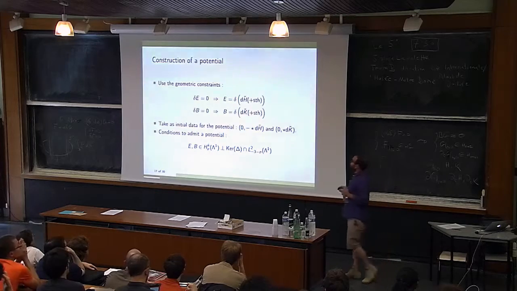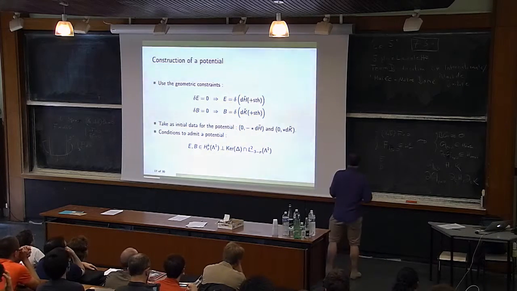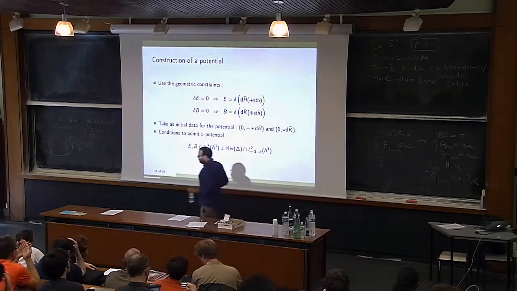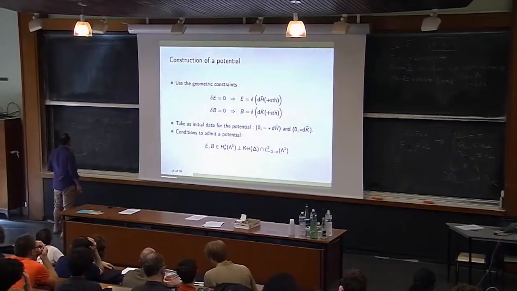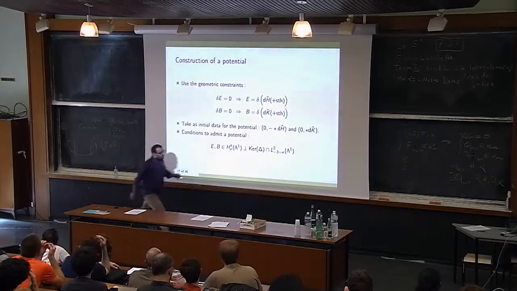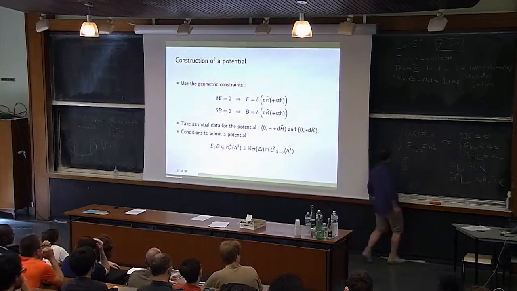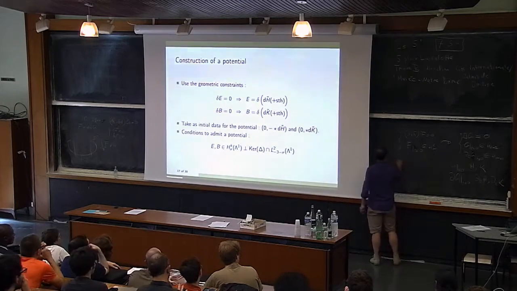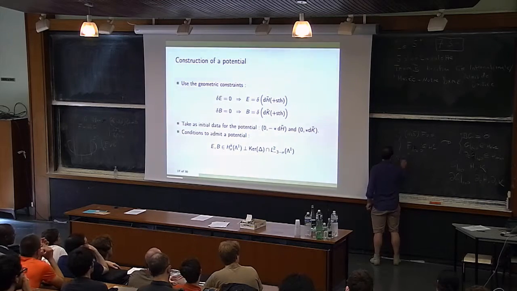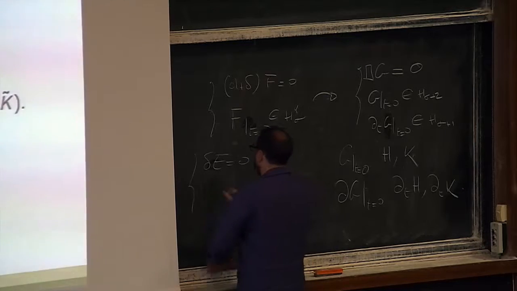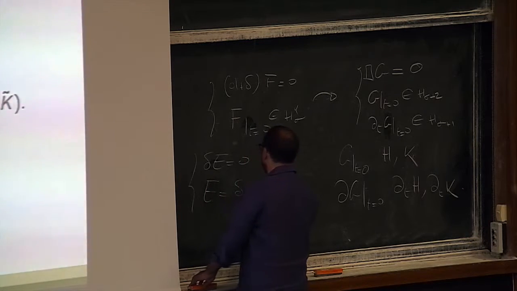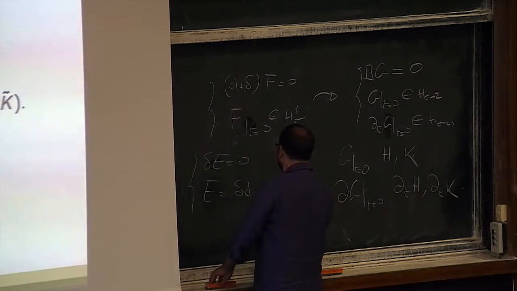Okay, now I'm looking at the geometric constraints. So I'm having delta E equals 0, and simultaneously I'm having E, which is delta D plus D delta.